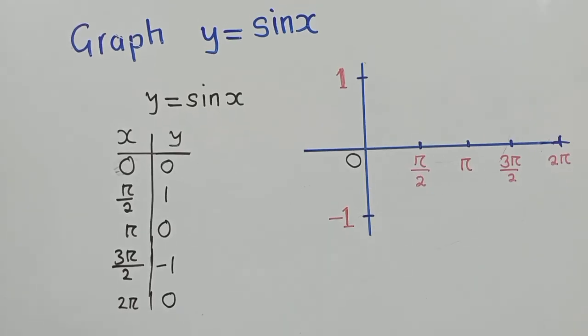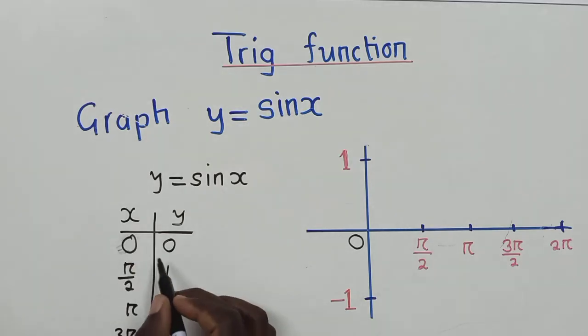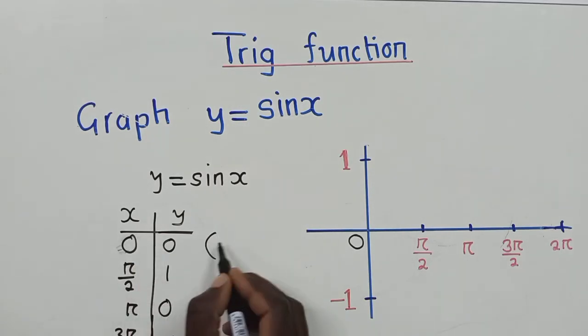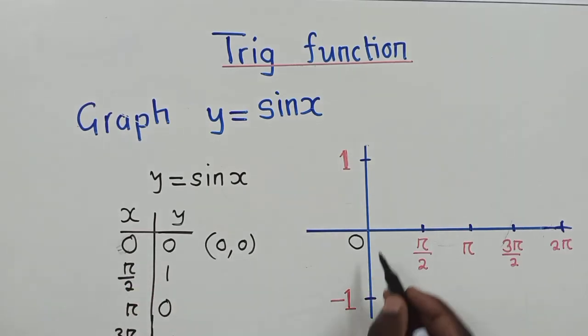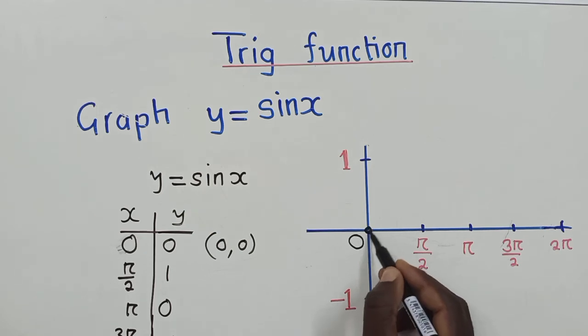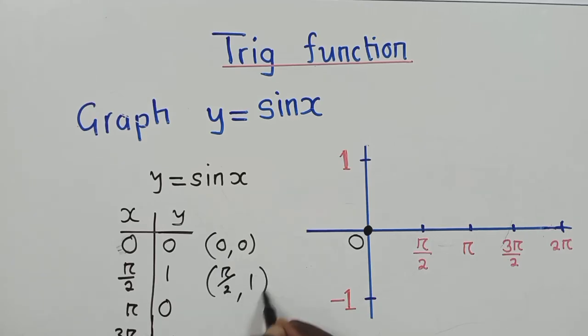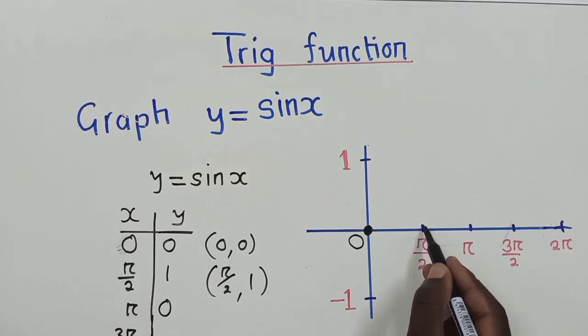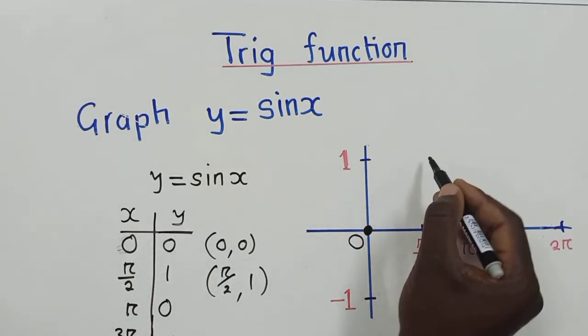Now, these numbers we've just found here are our coordinates. So here we've got 0, comma 0. So you go to where 0, comma 0 is right here. And this is pi over 2, comma 1. So pi over 2 is right here, 1 is here.